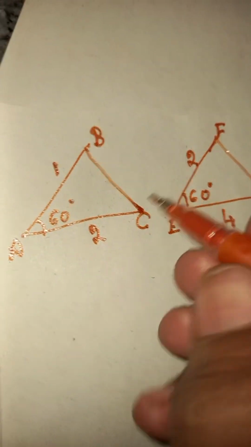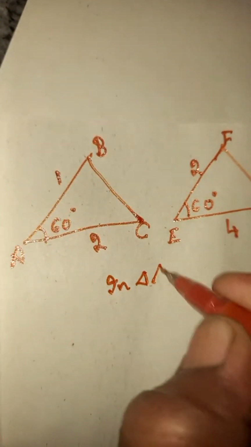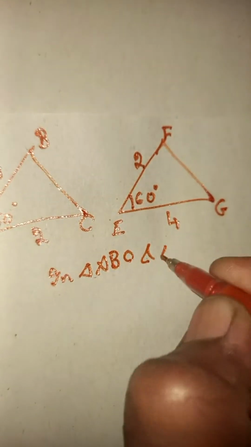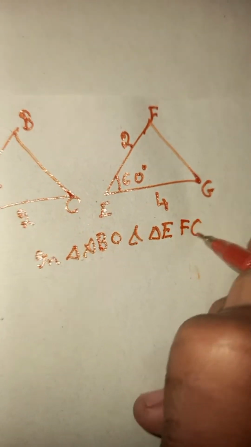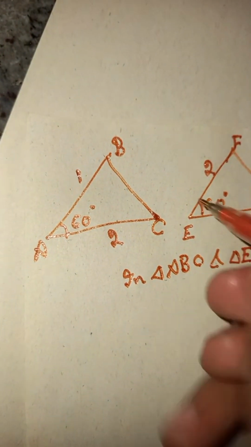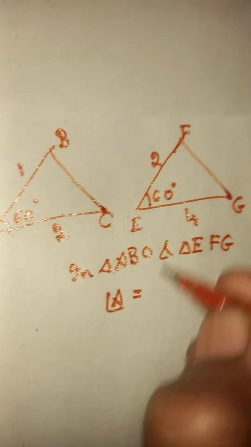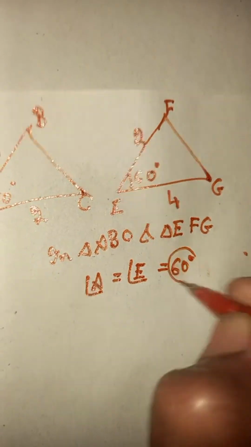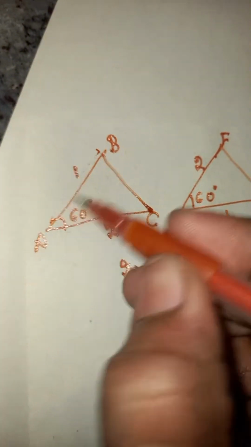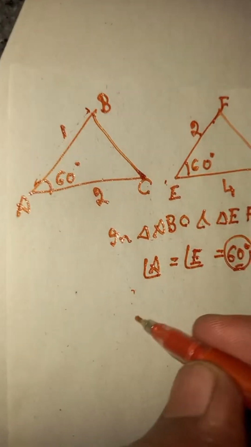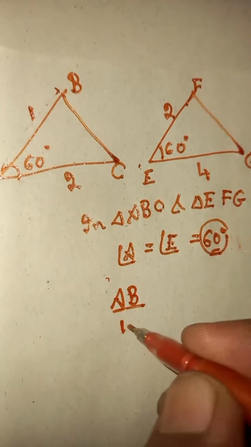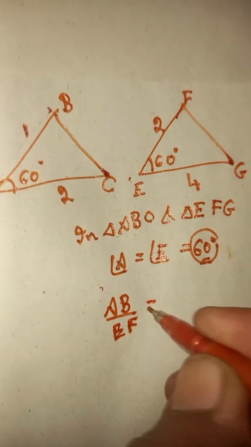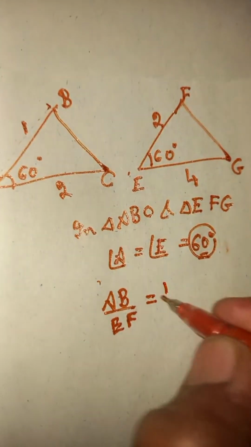First let's take the angles. In triangle ABC and triangle EFG, angle A equals angle E, and both are 60 degrees. Now if you take side AB by EF, this is equal to 1 by 2, which is half.